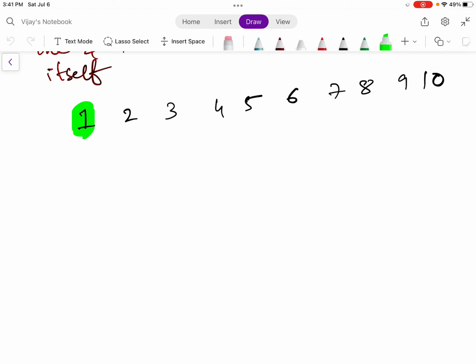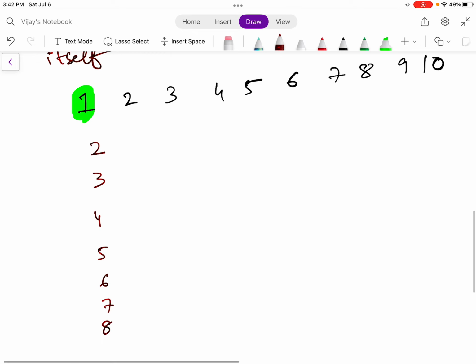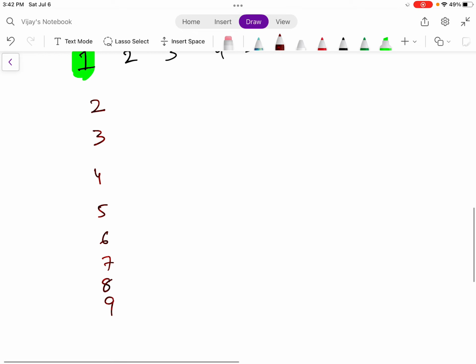We have our natural numbers starting from 1, but 1 is not prime and not composite. The next natural number after 1 is 2. So let me write 2, 3, 4, 5, 6, 7, 8, 9, and 10 also.